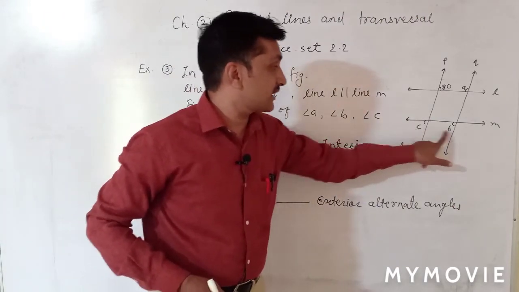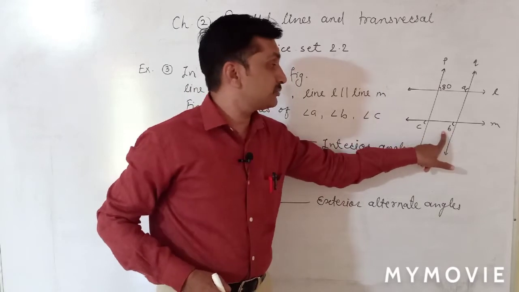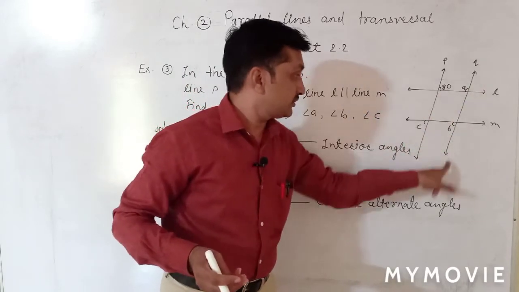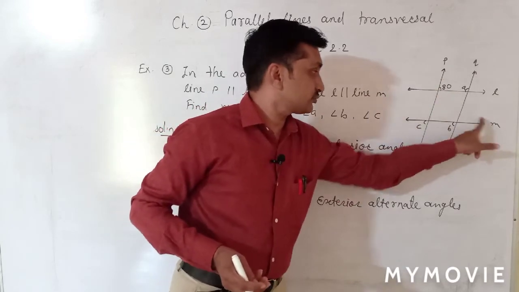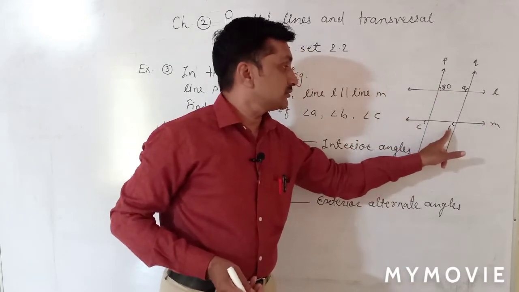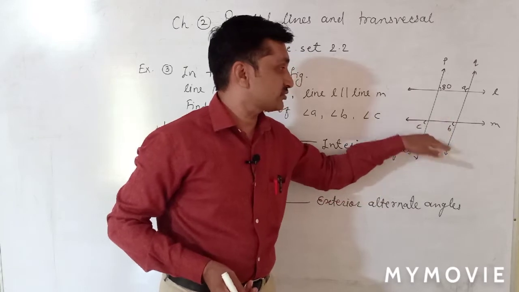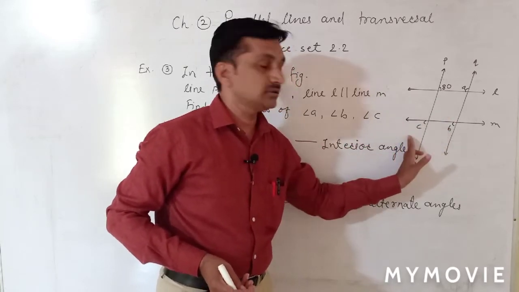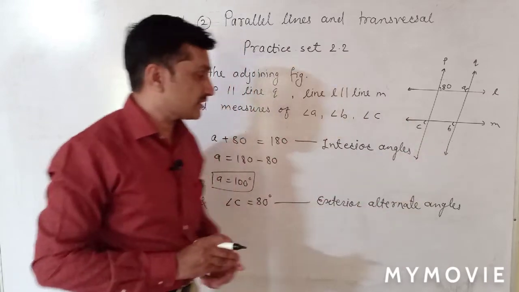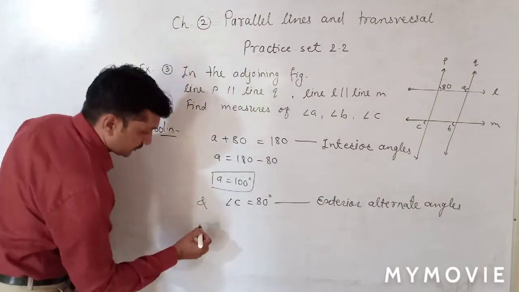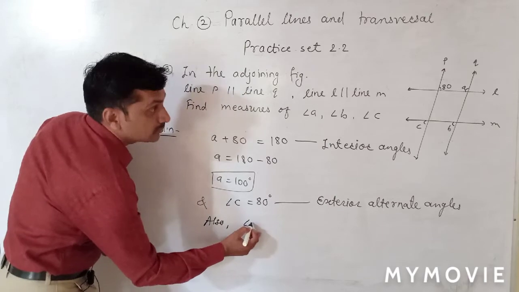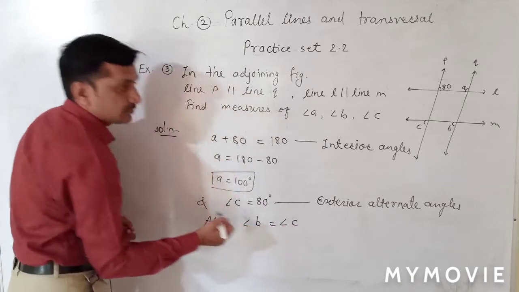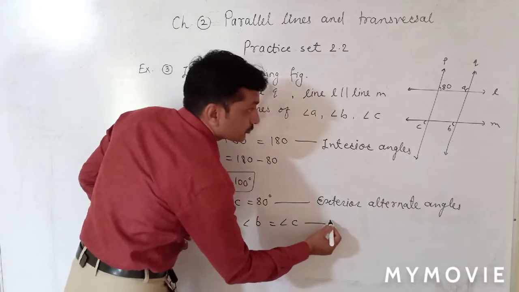What is the relation between C and B? C and B are corresponding angles. See here, P and Q are parallel, M is the transversal, and they are on the same side of the transversal and below the parallel lines. Means C and B are corresponding, that's why they are equal or congruent. Angle B is equal to angle C. What is the reason?